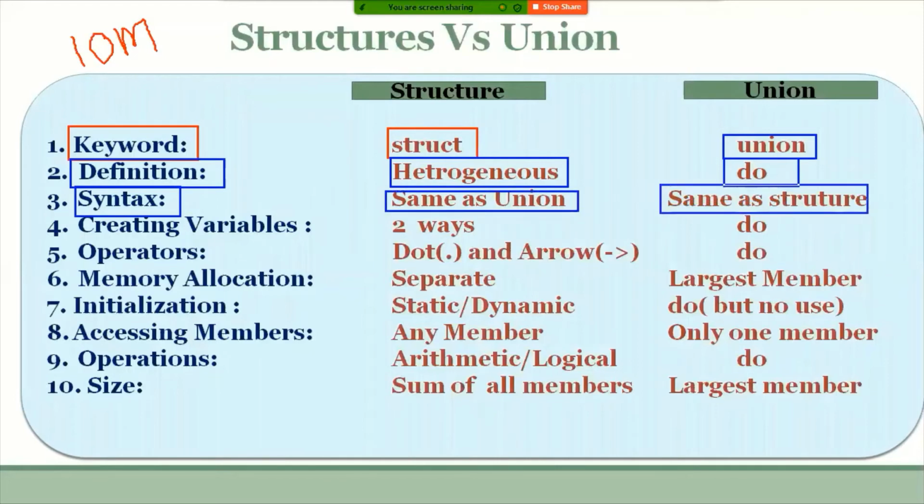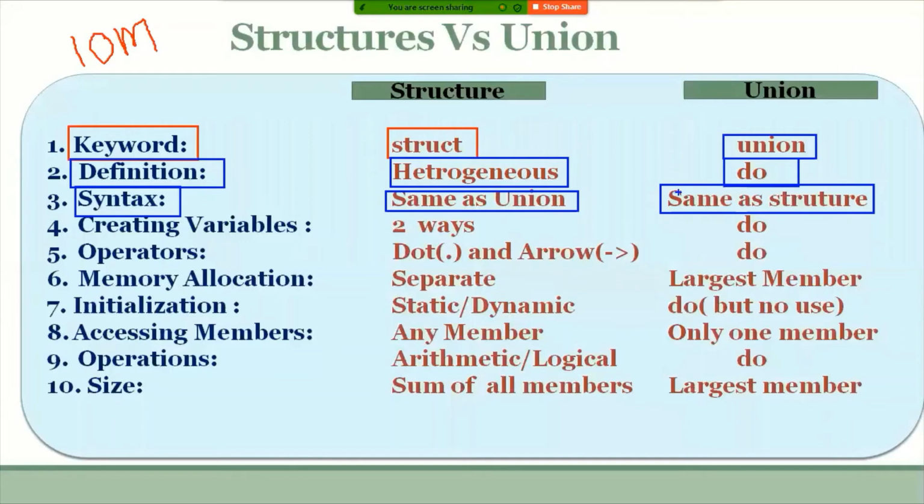What is that syntax? The syntax of structure starts with the struct keyword, structure name, open brace, data type 1, member variable 1, data type 2, member variable 2, and data type n, member variable n, closing brace, semicolon.